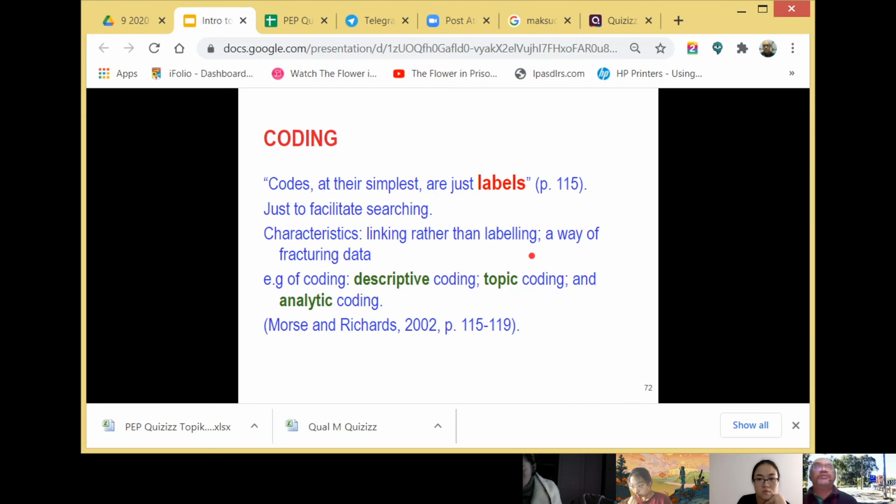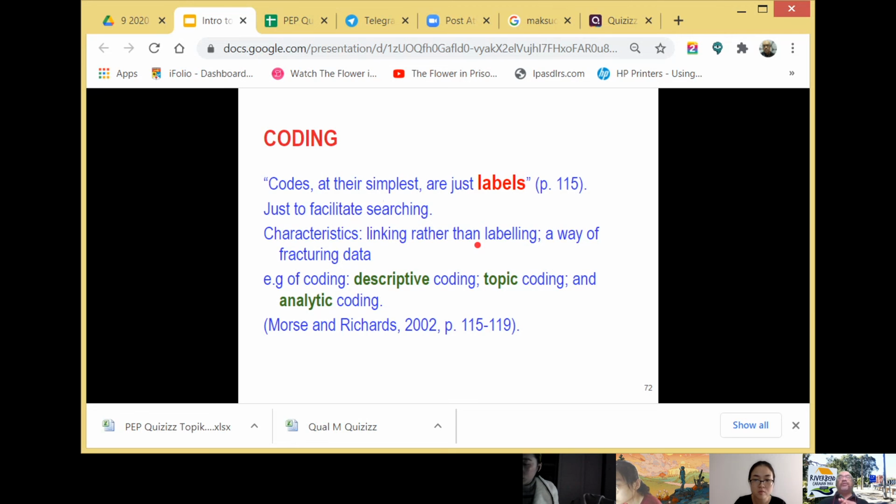I mentioned that as a process of analyzing, we need to do the coding. So what is coding? Coding is labels. You just put a label.